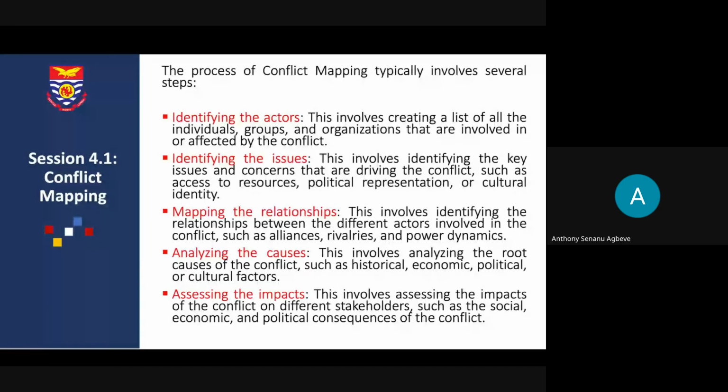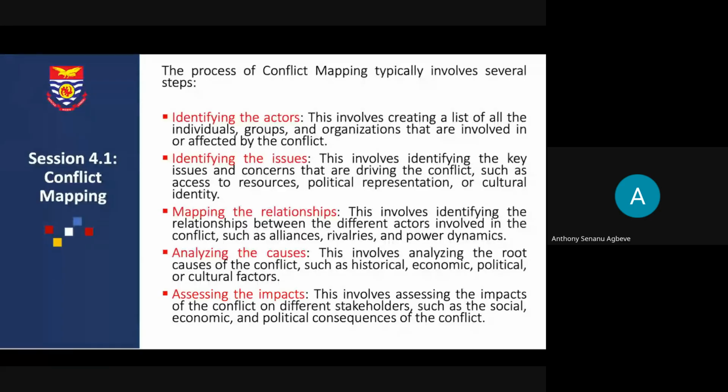Then you also need to map the relationship between the actors involved in the conflict, such as the alliances, the rivalries, and the power dynamics. So you map the relationship. Mapping the relationship will help you to establish whether there's some kind of alliance between them, or the relationship has always been one of rivalry, right?